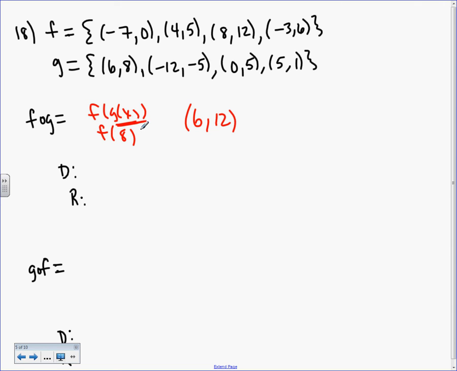I went to my first one, the 6. 6 gave me 8. Now go to your f function with an 8. 8 gave me 12. So I started with 6 and ended with 12. If you want to write it down, you can, and then we'll finish it up together. That was just one of them, right? We have to check all of them.